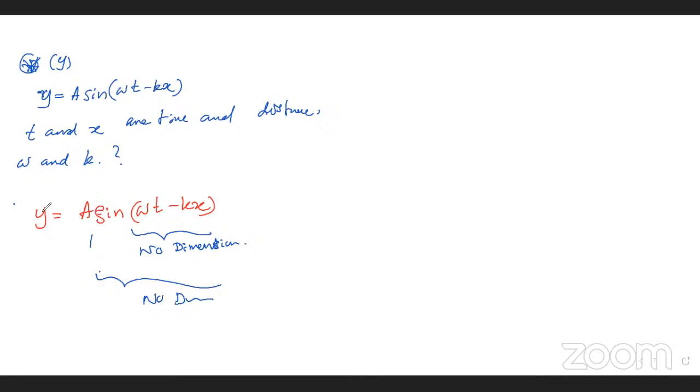So then you can say that y has the same dimension as a. If y is the displacement, a also has the dimension of displacement, that is length. It's not asked in the question, but I'm giving you that to identify it. And the argument has no dimension, which means each term inside the bracket should have no dimensions. So the dimensions of omega t are M^0 L^0 T^0.